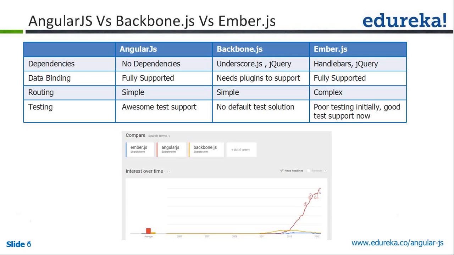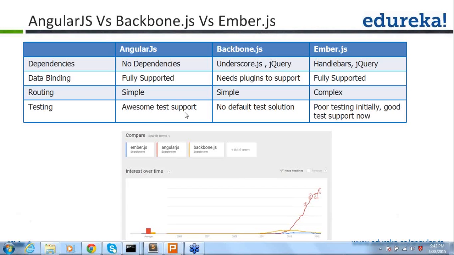For example, if I want to use Bootstrap, I have to use the jQuery library. Then only it will work properly. In the same way, for Backbone I need jQuery, and for Ember I need Handlebars. But for AngularJS, we don't need any other dependencies. Did I answer your question?